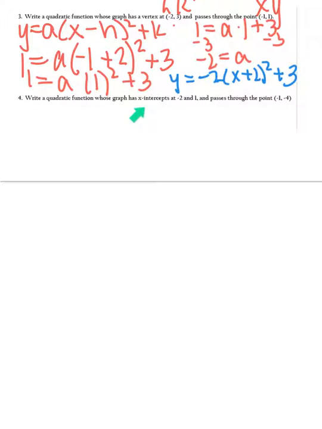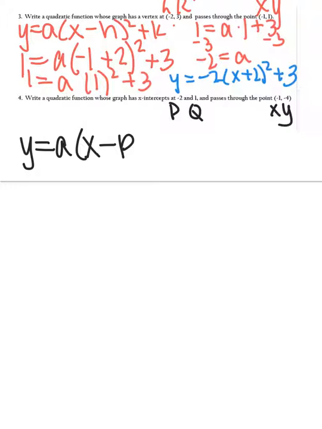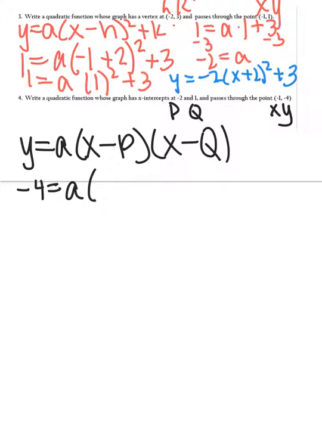So x-intercepts tells me I am going to use intercept form. So here's my p and my q and my x and my y. So intercept form is y equals a times the quantity x minus p times the quantity x minus q. So y is negative 4. A we do not know, we leave it a. X is negative 1.